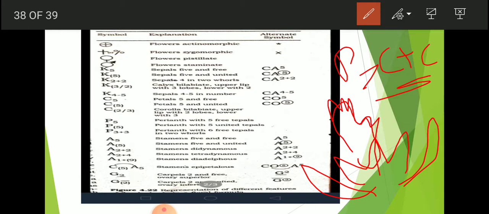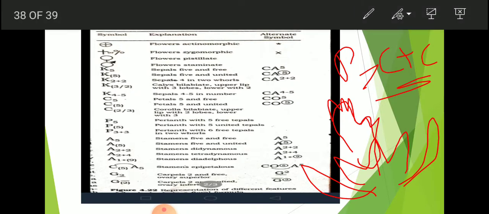Diadelphous is 2 groups in which 1 stamen is free and the other 9 stamens are united by their filaments. Then C underscored by A is the condition when the androecium is attached to the corolla, known as epipetalous. So the stamen is epipetalous, in which the corolla is 5 united and the androecium is free.